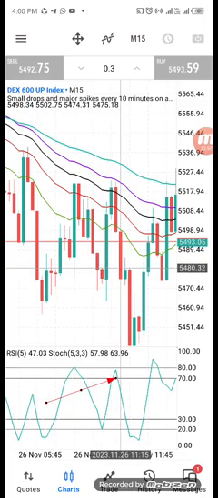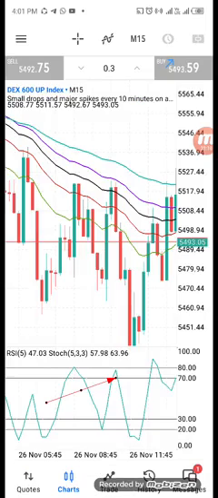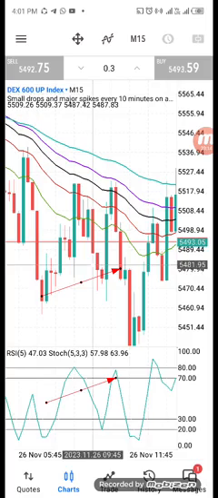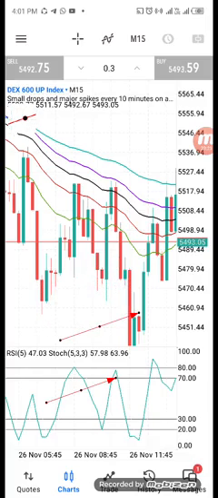So let's check the alignment. Can you see now? So 1, 2, 3, 4. So can you see? So this is 1, 2, 3, 4.